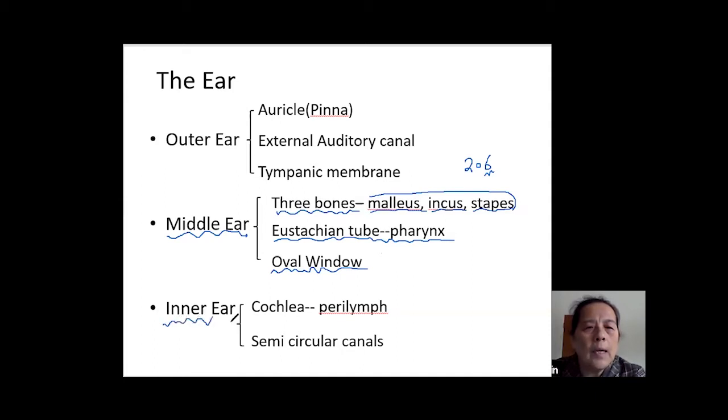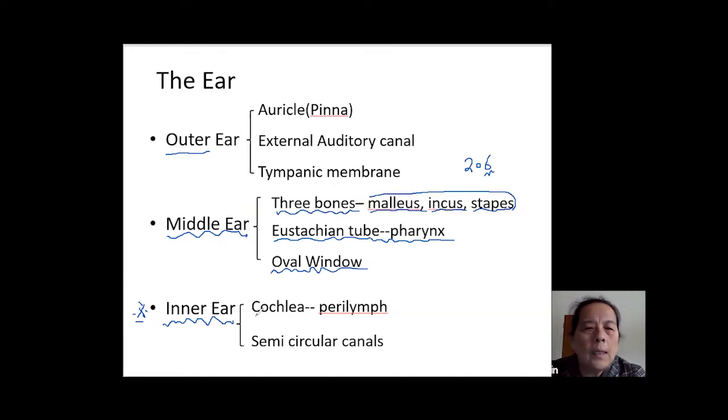The inner ear basically only includes two parts, but these two parts are very important. Our ear's hearing function is basically in the inner ear. The outer ear and middle ear just help.